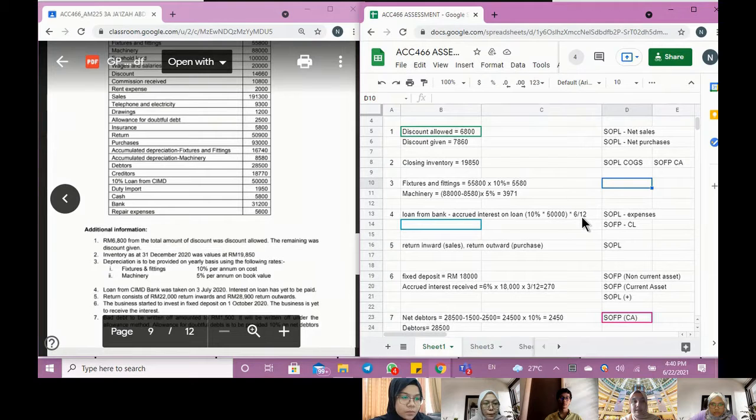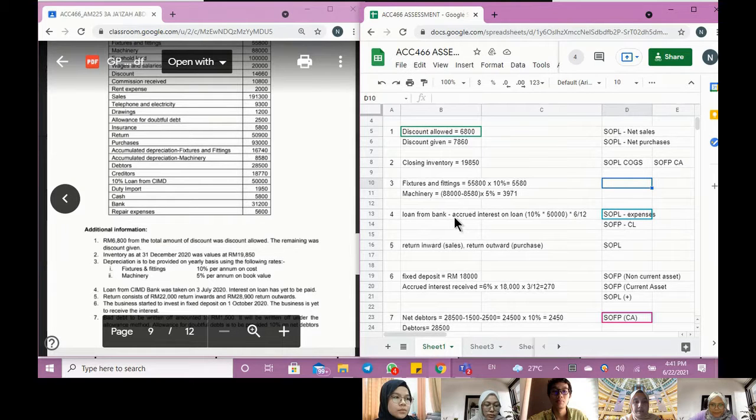Why 6/12? Because the loan was taken on 3rd July, so from 3rd July until 31st December 2020, we have 6 months. So 6 months we need to divide by 12. And the interest on loan we should put in SOPL expenses.